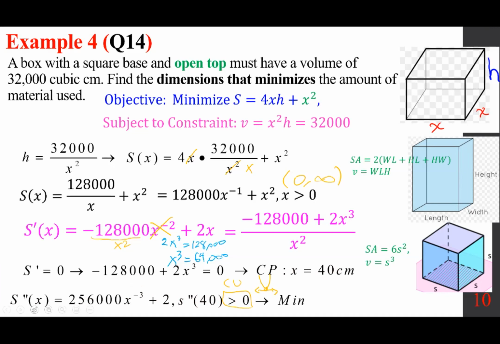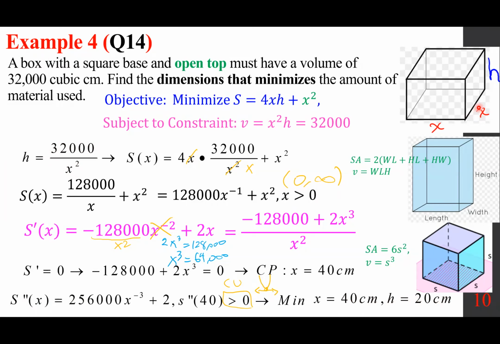So if X is 40 and that gives us the minimum we are looking for, what is H? You can go to this formula or to this formula: 32,000 divided by 40 squared, which is 32,000 divided by 1,600, and it makes it 20 centimeters. So X equals 40, H equals 20.